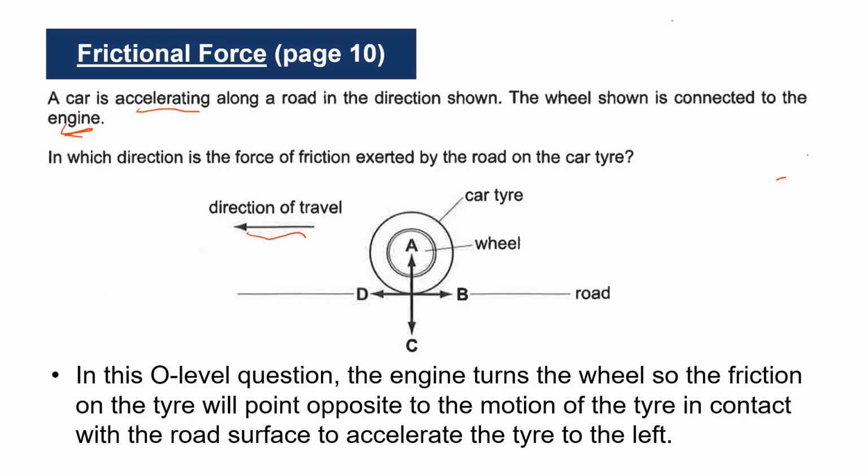So the tire must accelerate to the left. When you ask, what is the force that makes it accelerate to the left? If you look at this, there are no other forces that act on the wheel. The car engine actually turns the wheel round and round. So what is the force that makes the car accelerate to the left? It must be frictional force that points to the left. So therefore, if you analyze it this way, you realize the answer also happens to be D.